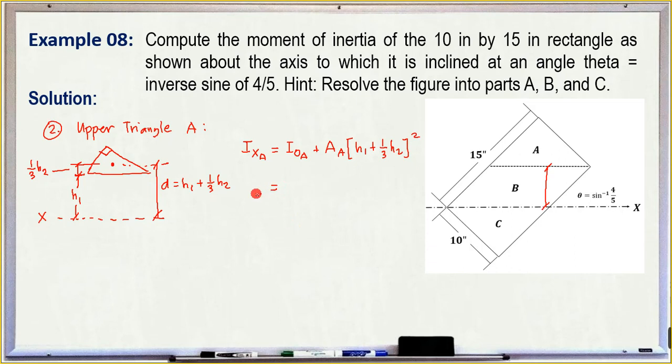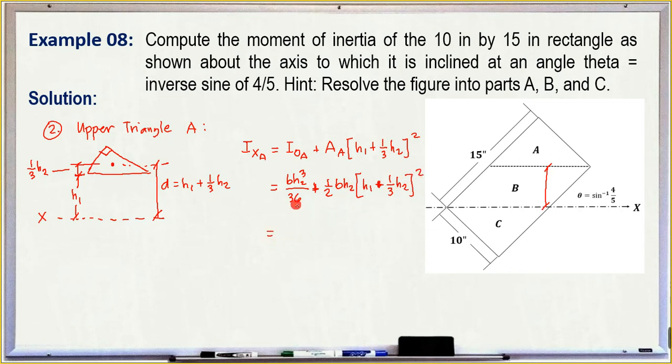We all know that the centroidal moment of inertia for a triangle is b h2 cubed all over 36, plus the area of the triangle, which is 1/2 base times its height, times (h1 plus 1/3 of h2) squared.